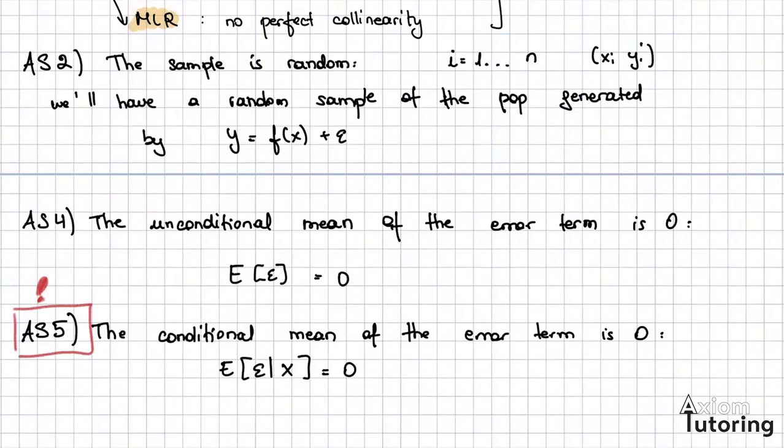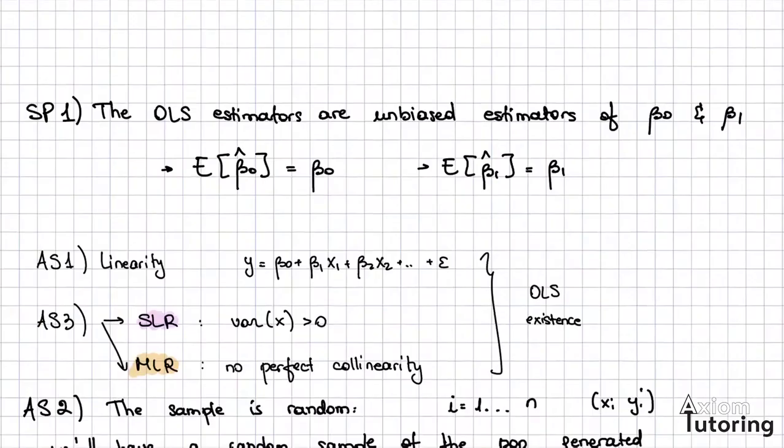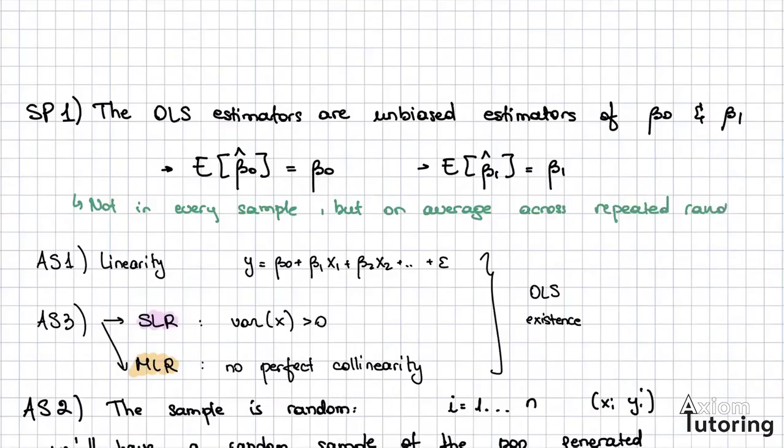So what we are saying by looking at these two expressions here is that it holds not in every sample, but on average, across repeated random samples.